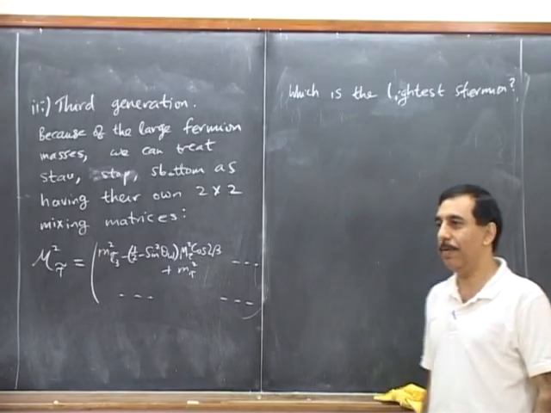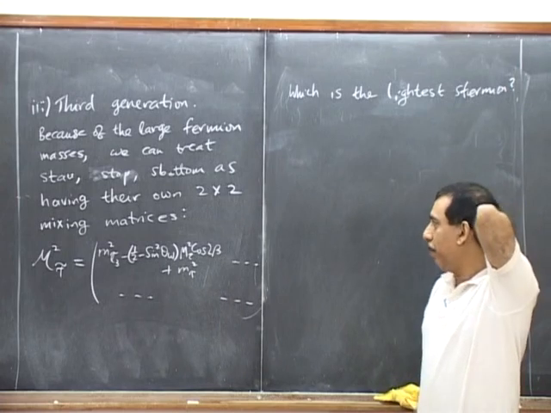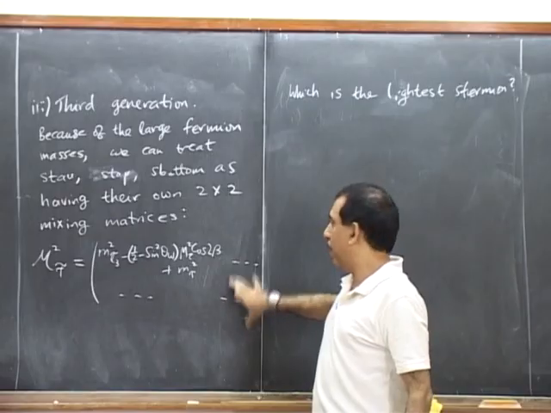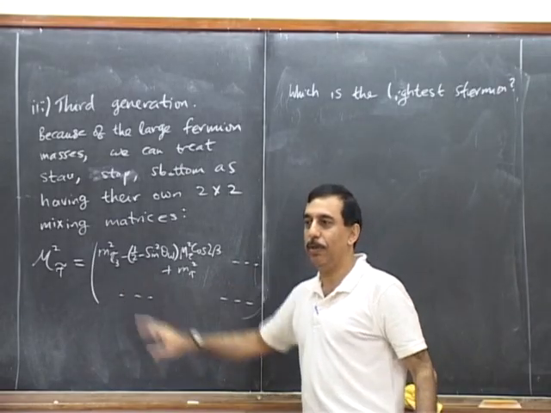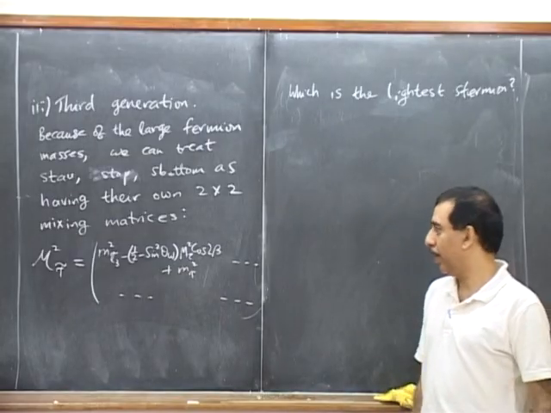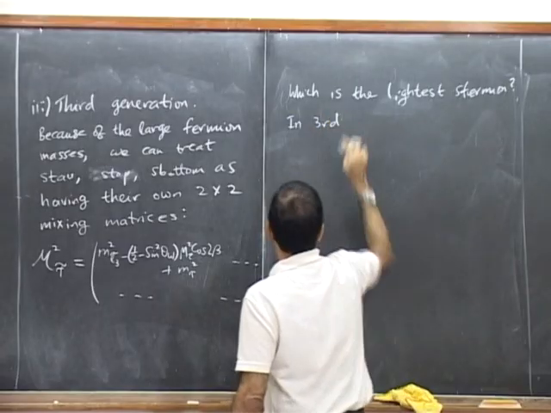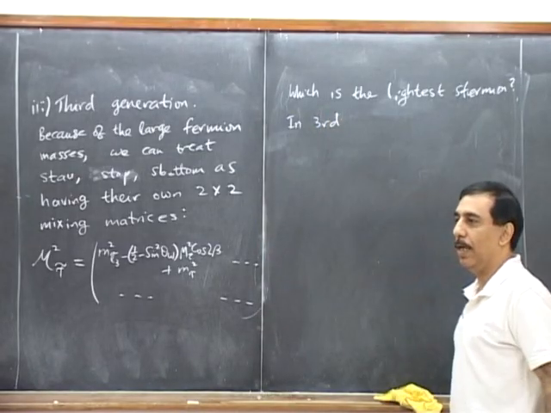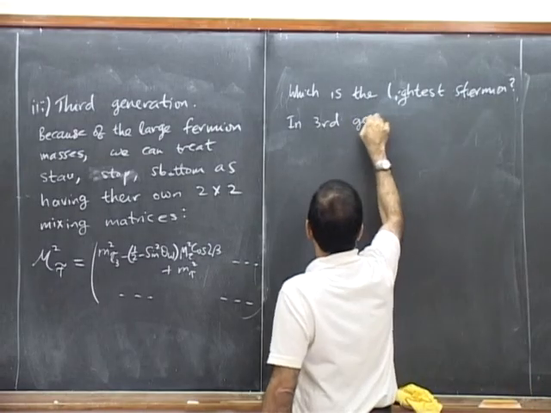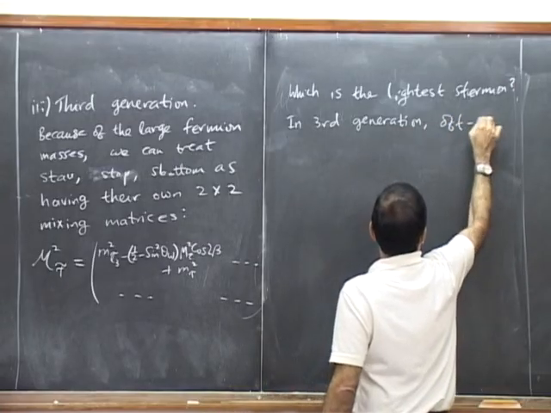So is there anything which can make this matrix develop an eigenvalue that's very small compared with what you might naturally expect just from these diagonal terms? And the answer is the off-diagonal terms should be able to compensate so that the determinant is much smaller than you would have expected. Okay, so in the third generation you can actually argue that it's possible to find the lightest sfermion, off-diagonal terms being largest.